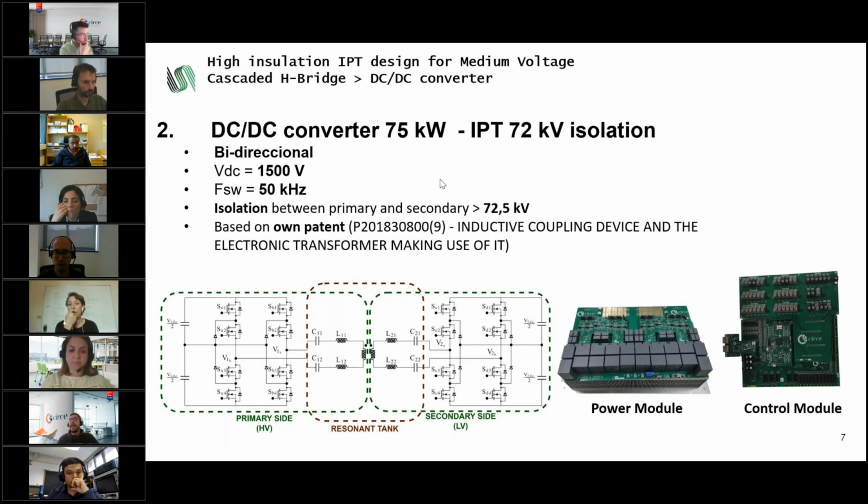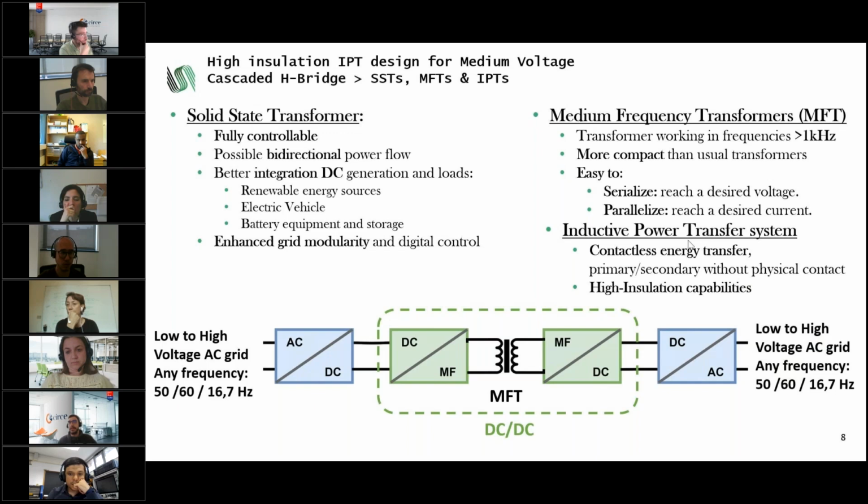One of the main goals and problems of this kind of DC-DC converter for medium and high voltage applications is the isolation needed from the primary side to the secondary side. So in this project, based on an old patent, we have developed this medium frequency transformer based on an inductive power transfer system.